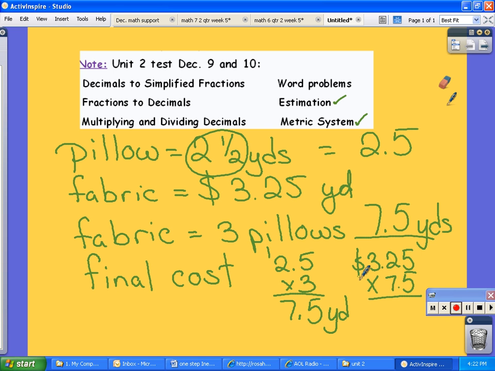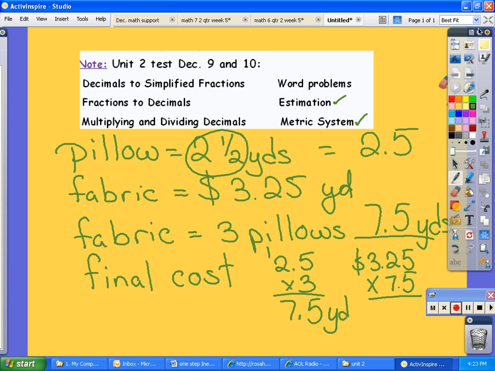Now the one thing students need to know, is that when they do their answer, they might have to round to the nearest penny. So they need to know their place value, what number is in the hundredths place, and how to round.